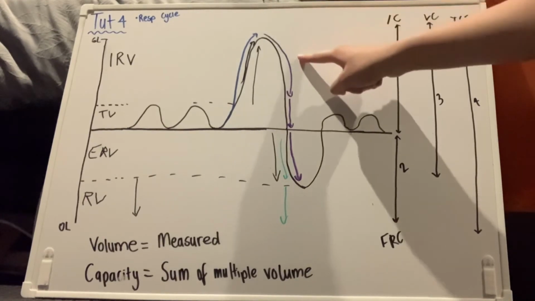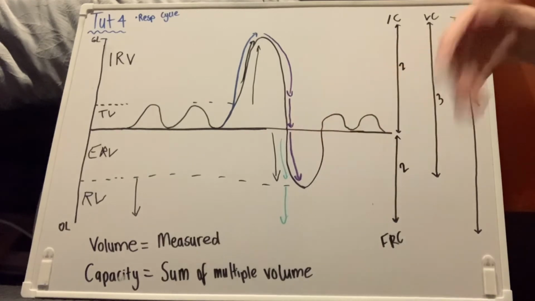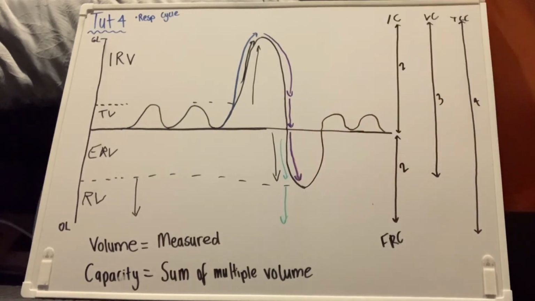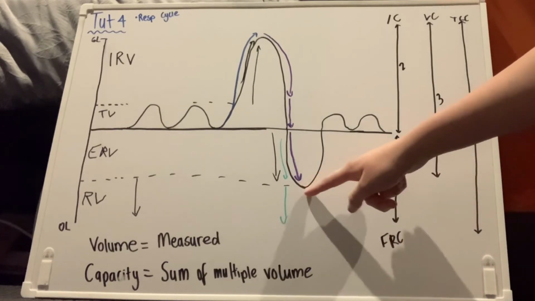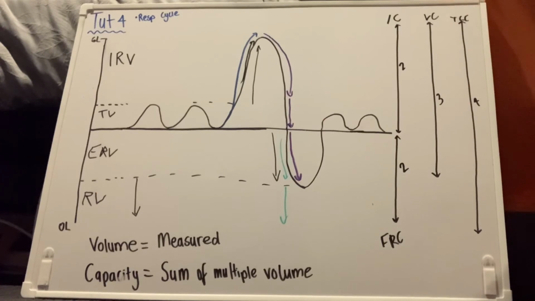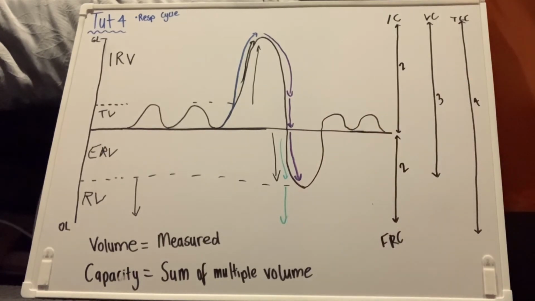Now if you exhale all of that, and then get to the bottom of your normal tidal volume, and you breathe out all that you can, so you reach a point where you can't go anymore, that's your expiratory reserve volume. And anything else that's left in your lung after you've tried to push out all the air is called your residual volume, and that's what allows the lungs to stay inflated.